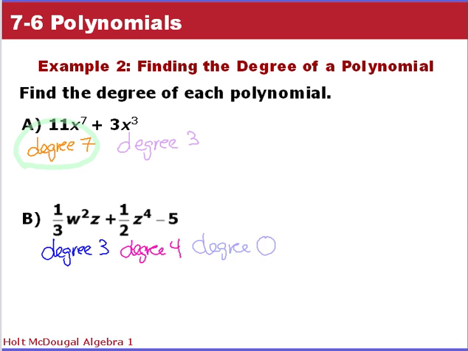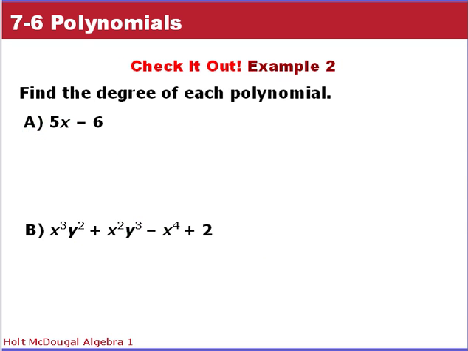So we're looking for our highest degree, which is going to be our degree of 4. So that polynomial has a degree 4. So again, you're looking for the monomial with the largest degree, or highest degree. Here's your turn to find the degree for each polynomial.